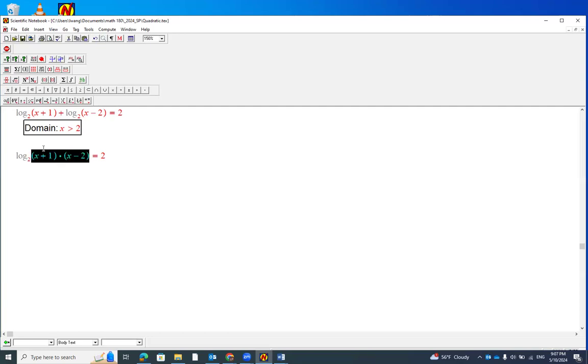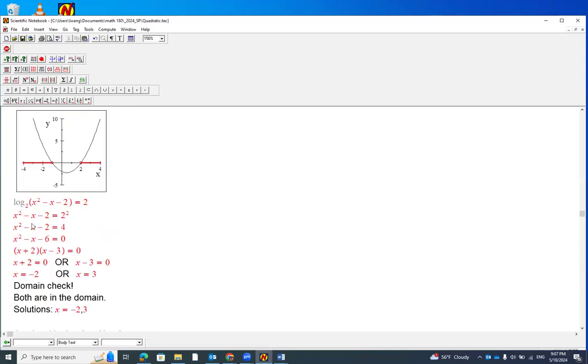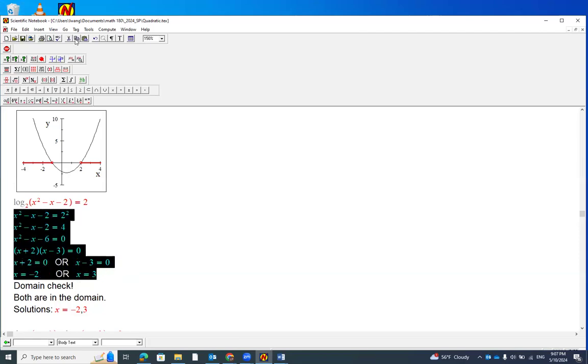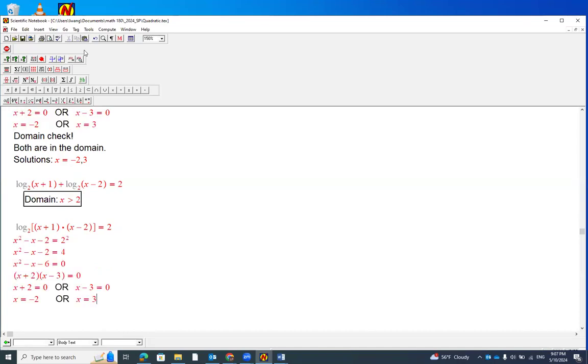So we bring them back, and then we're also going to get to that piece. All of these would apply to our solution. However, in the end, because the domain is x greater than 2, x equals -2 is not in the domain.